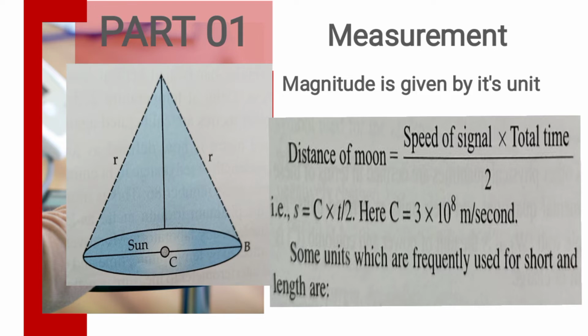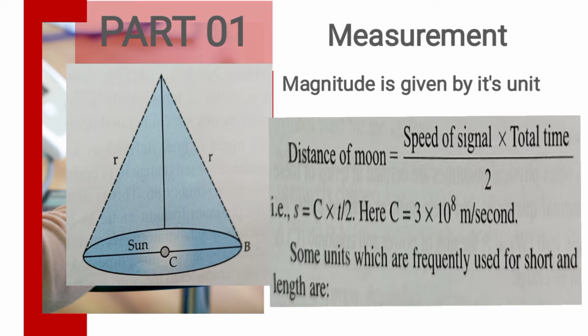So suppose the distance is represented by s, the speed of signal is represented by c, and the total time is t, so s equals c times t by 2. Here c, the speed of the signal, is 3 into 10 to power 8 meter per second.